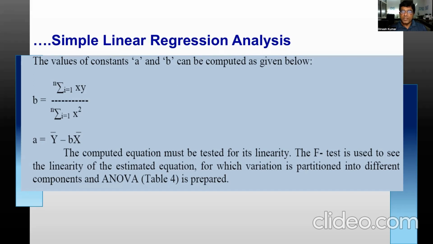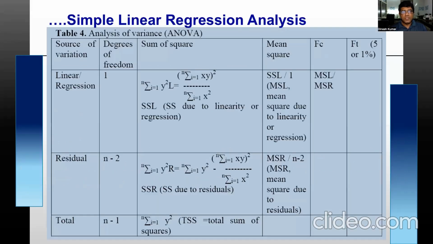And if you total them, that will be your total variation. So now you can see this ANOVA table. This is also ANOVA table, analysis of variance, where sources of variation are in first column. First source of variation is regression, or you can simply write it linear also, linear or linearity or regression.